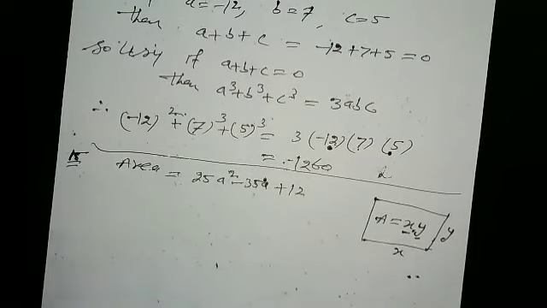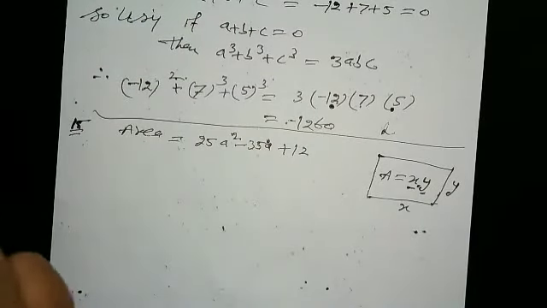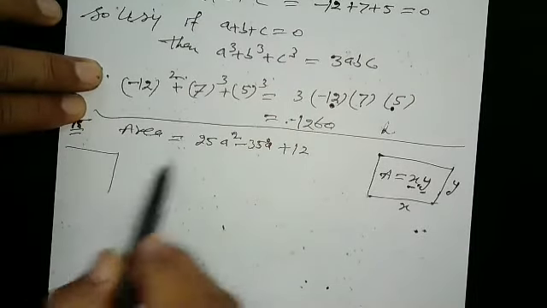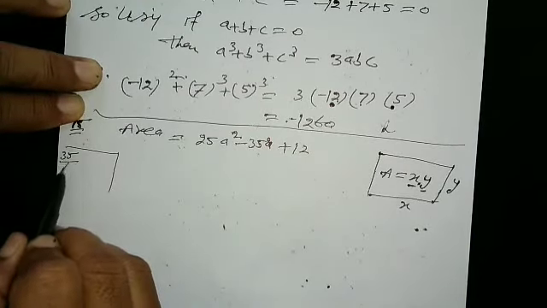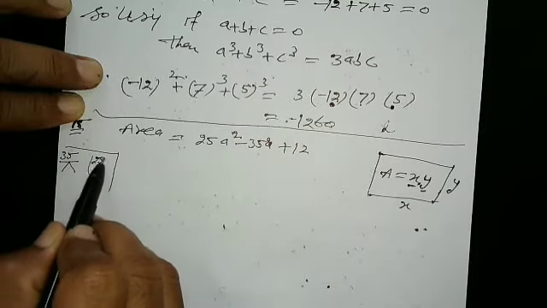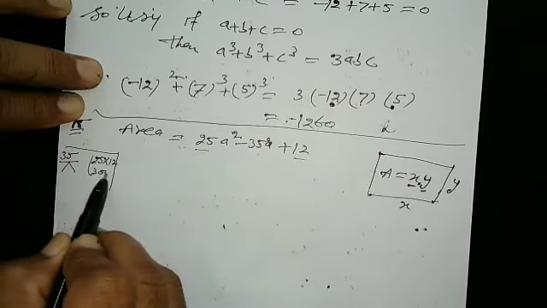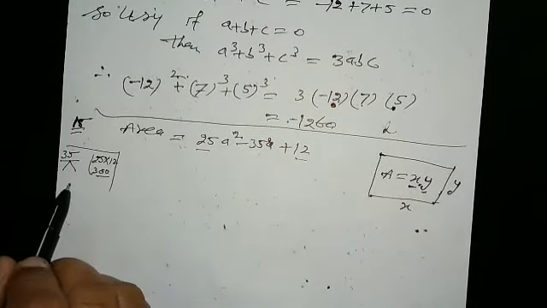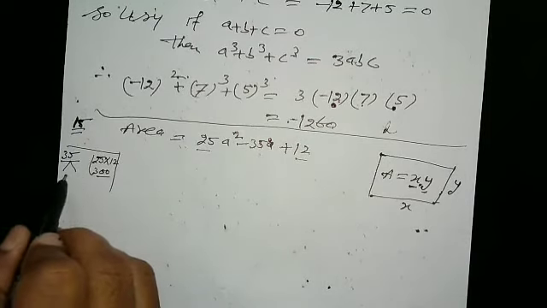So we will use the splitting the middle term method. Okay, what will you do? Here the middle term is 35, and we have to break 35 into two numbers which have the multiplication 25 into 12, right? That is 300. So we have to find factors which have multiplication 300.